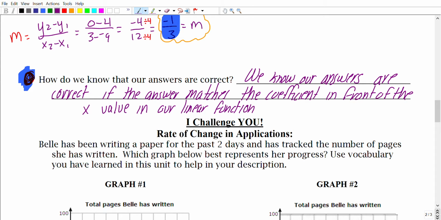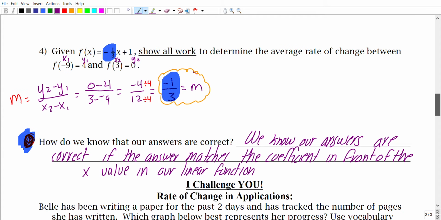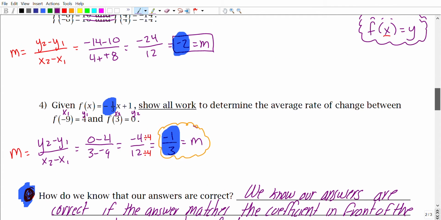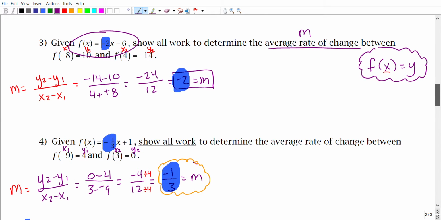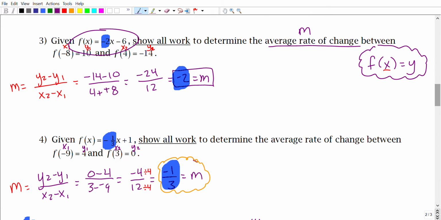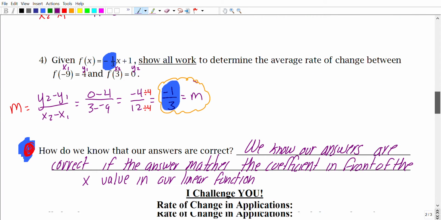Okay, so what we did was we went back and checked all of our answers, and if we notice each time they were exactly the same as that number that's in front of the x, that coefficient in front of the x. So let's go ahead and see this last part.